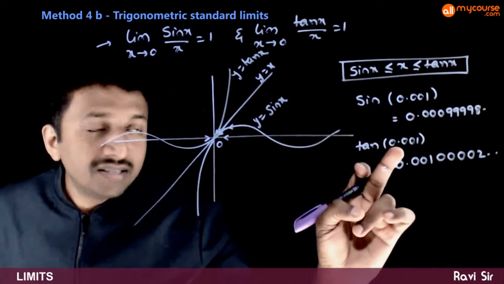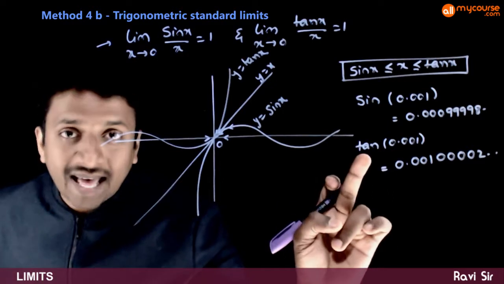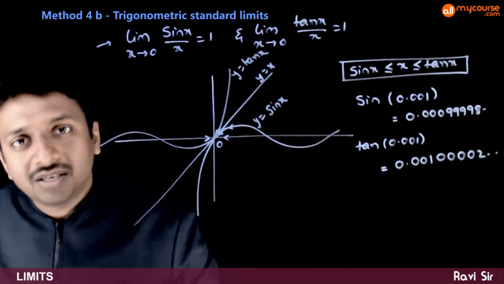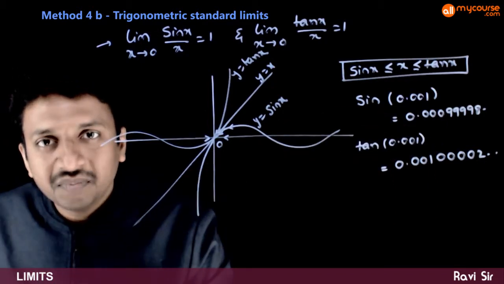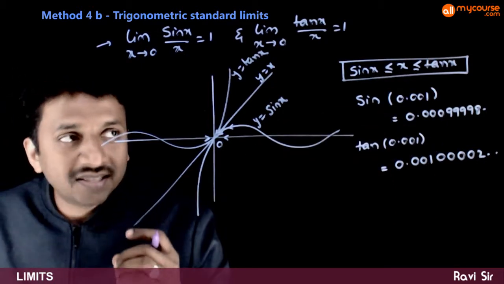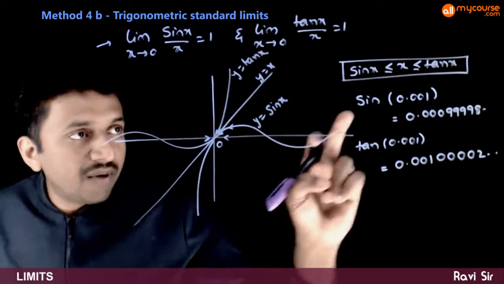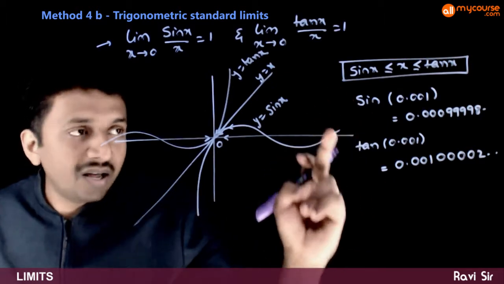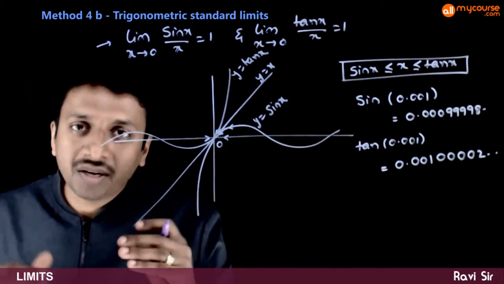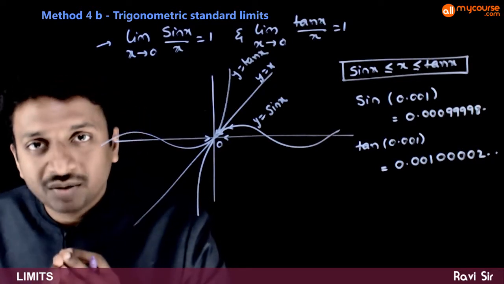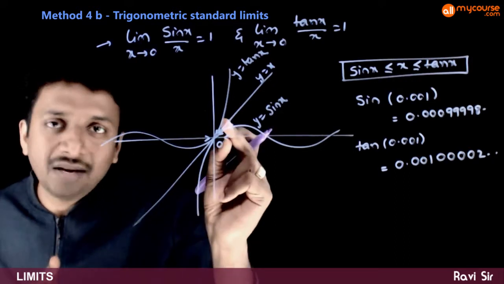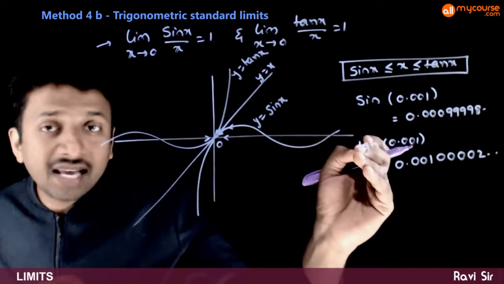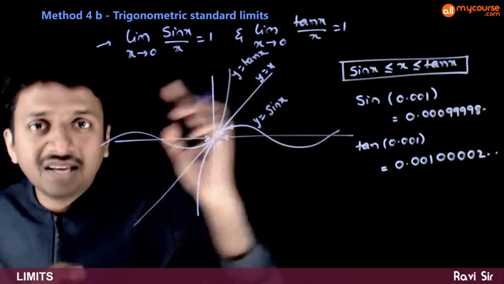Tan 0.001 will also be very close to 0.001, but slightly on the higher side. I hope you understand this difference. The values of sine 0.001 and tan 0.001 are very close to 0.001, but sine approaches the value of x from the lower side, and tan approaches the value of x from the higher side.